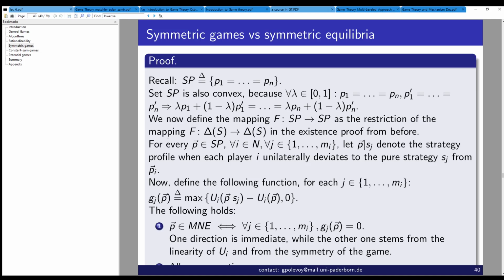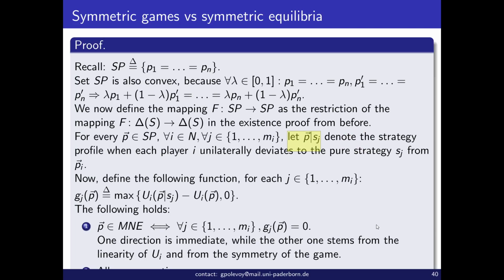For every p, let p to its j denote the strategy profile when each player unilaterally, only that player, deviates to the same strategy.